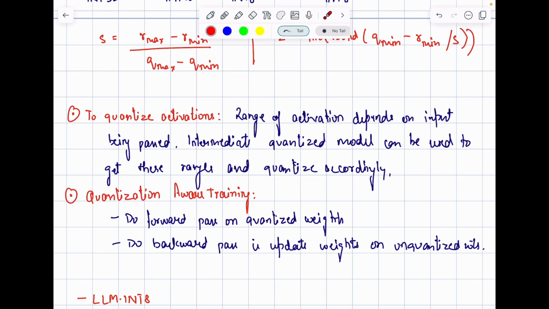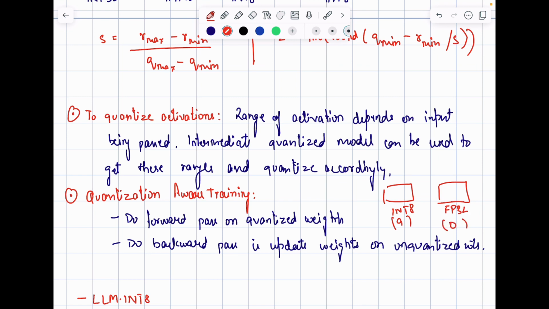Okay. So there is something also called quantization aware training. In this case, while doing the forward pass, you do the forward pass on the quantized weights. So for a given model, you keep two versions of it. One in, let's say, int 8, that is the quantized version. One is the original, let's say floating point 32, which is the original version. Okay.